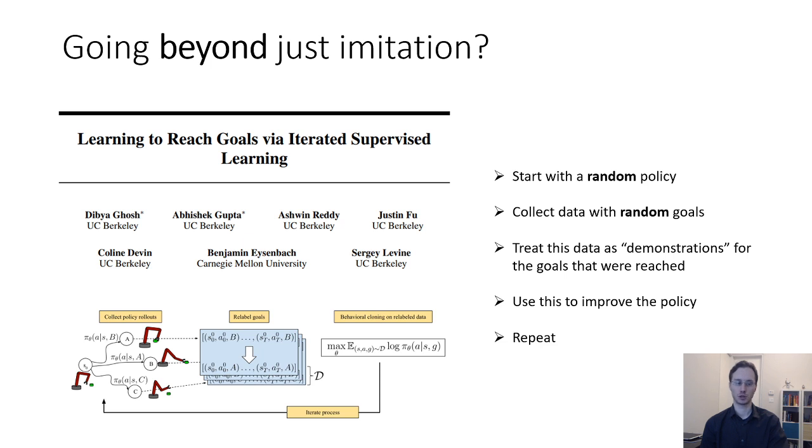So if your random trajectory reached state ST, then it's a good demonstration for the goal ST. That is then used to retrain the policy, which gives you a better policy for reaching goals that is better than random, and then you repeat. And it can actually be shown that repeating this process can solve some pretty sophisticated reinforcement learning tasks just with an inner loop imitation learning procedure and this relabeling stage.